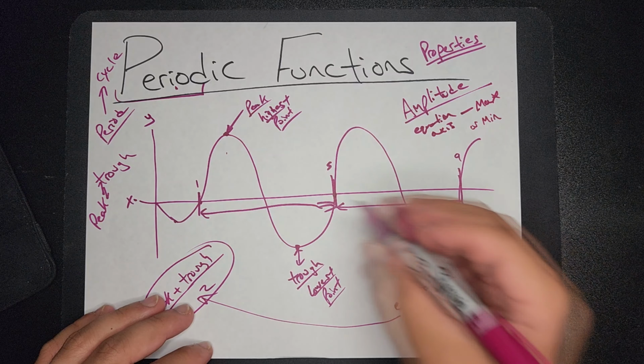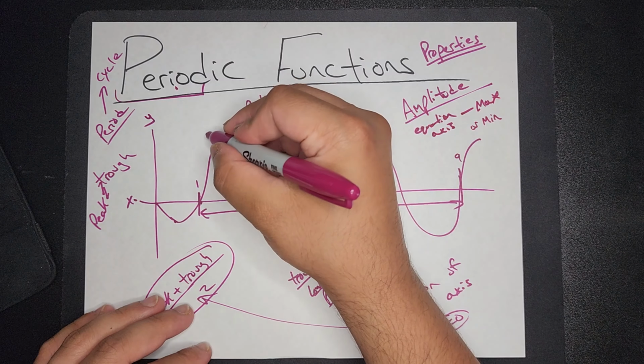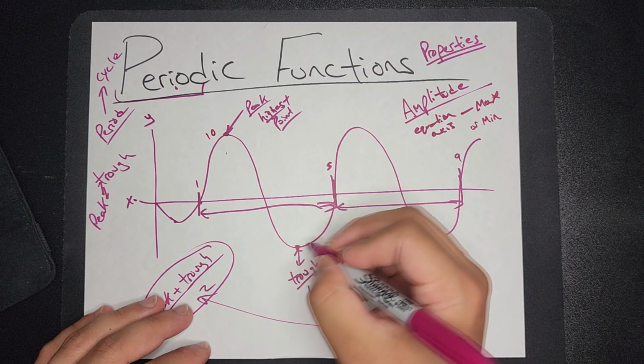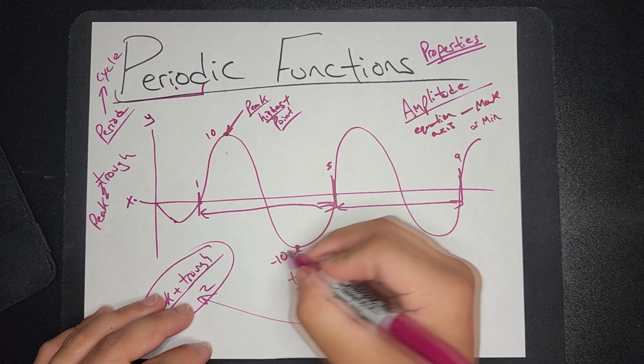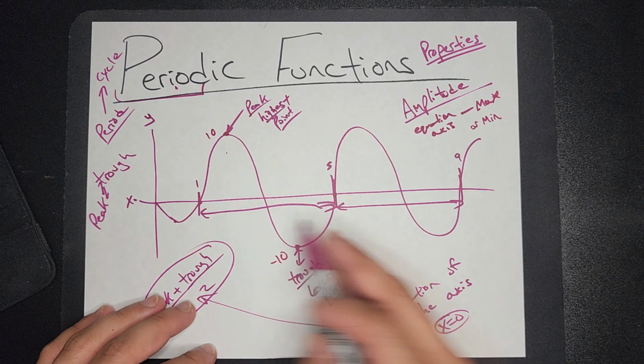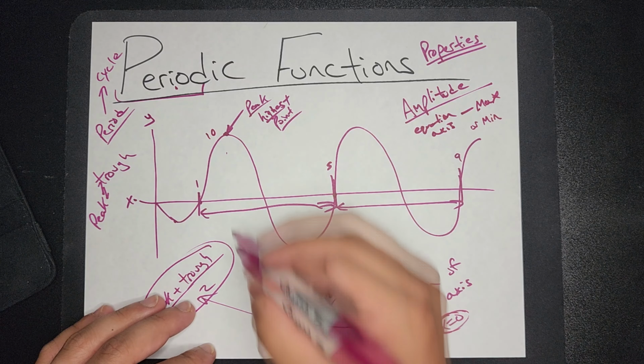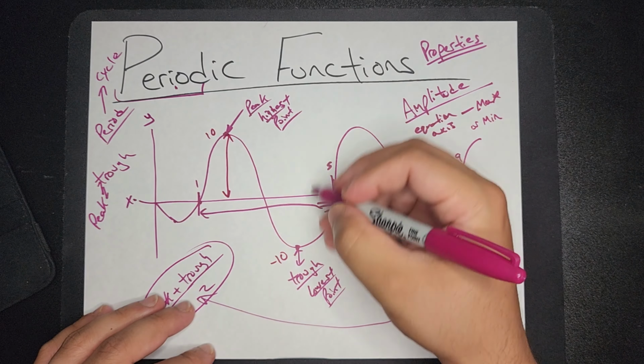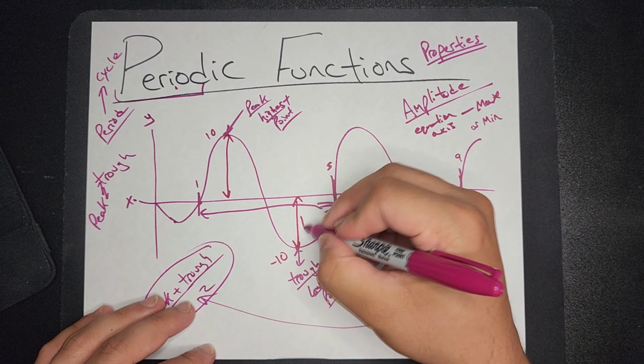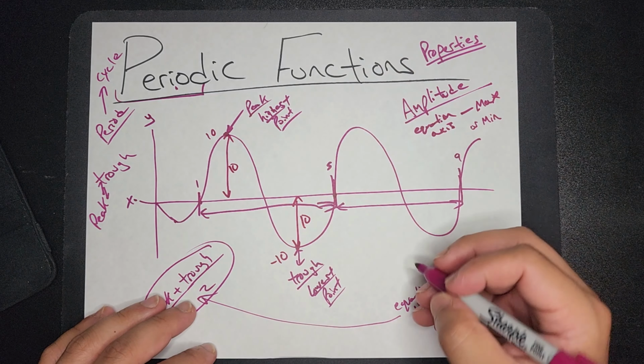If I drew a line through this, and let's say the peak is at 10 and the draw is at -10, our axis is 0. So our amplitude is going to be this. It should be 10 on both sides.